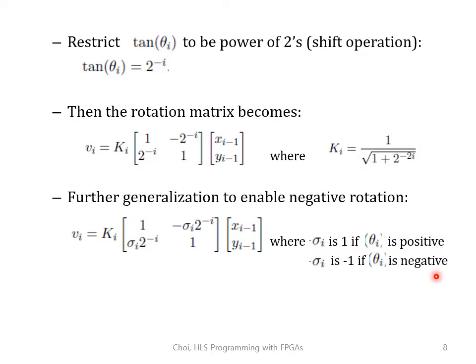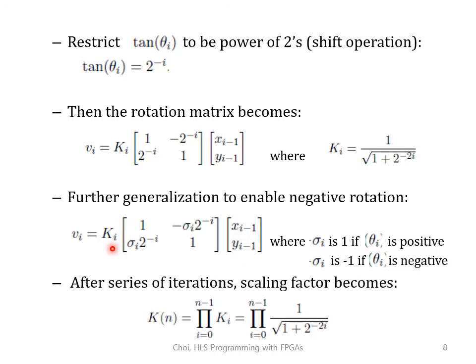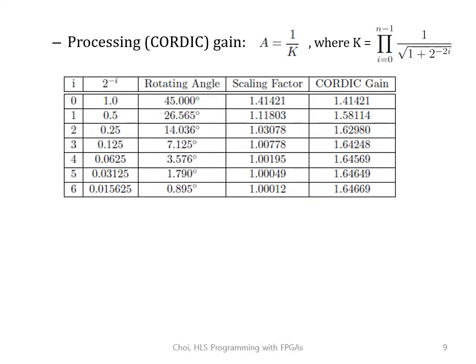Now let's look at the scaling factor K. If we perform n rotations, K becomes the multiplication of this equation from 0 to n minus 1. The reciprocal of K is called the processing gain, or the CORDIC gain.